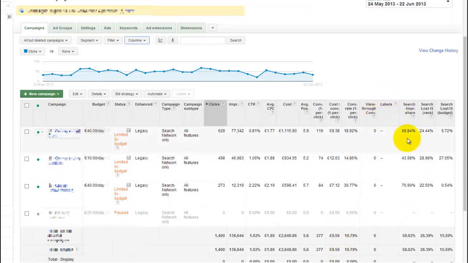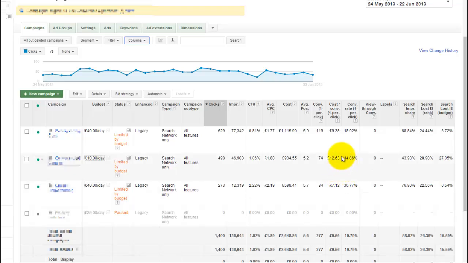So search impression share on this top campaign is nearly 70%. We're at 44-45% nearly on this one, and we're at 76-77% nearly on this one. Now, it's interesting, it probably isn't the only reason why, but the one with the highest impression share also has the lowest cost per conversion.